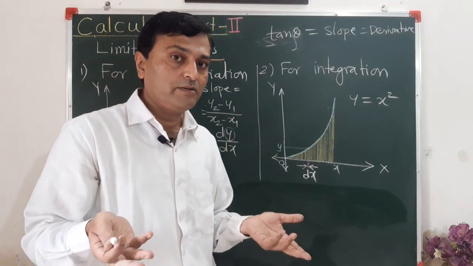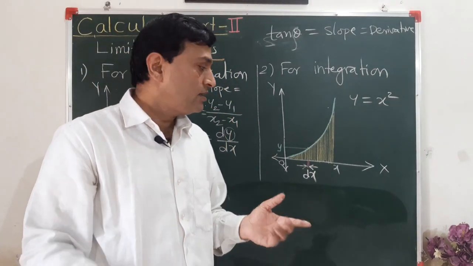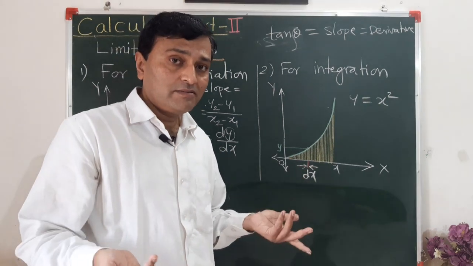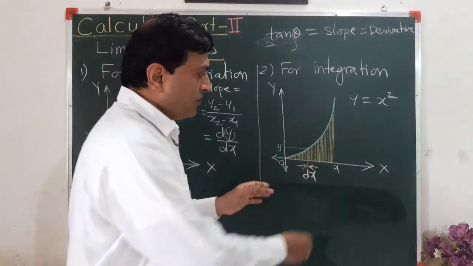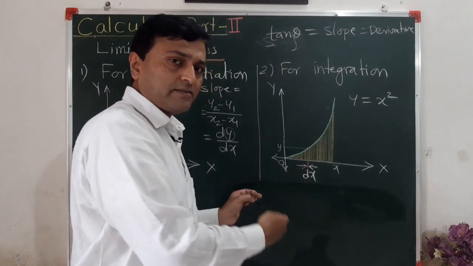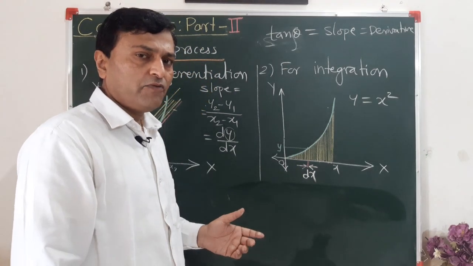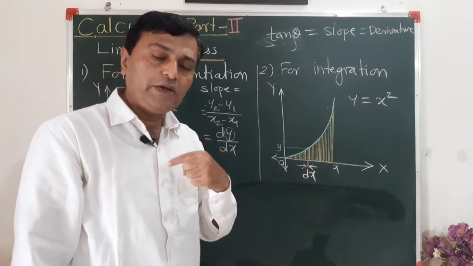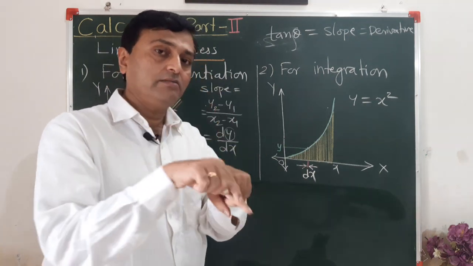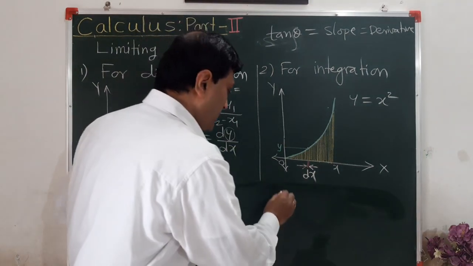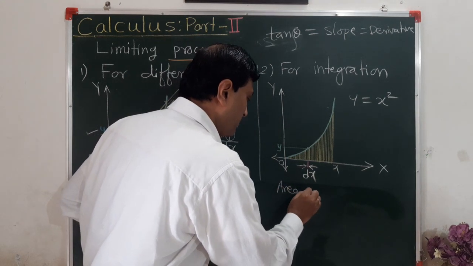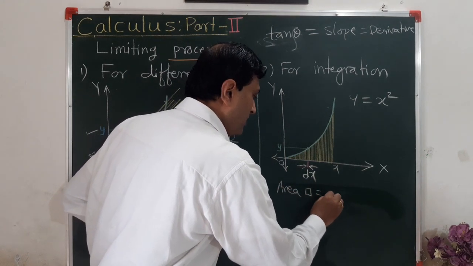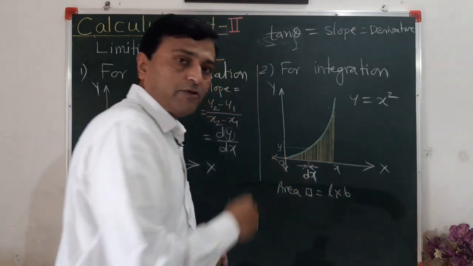There is no formula in algebra or in geometry, so you can make very small slices. Why? Very small, infinitesimal small, because we know the simple formula of rectangle. What is the area of rectangle? Length into breadth, simple formula.